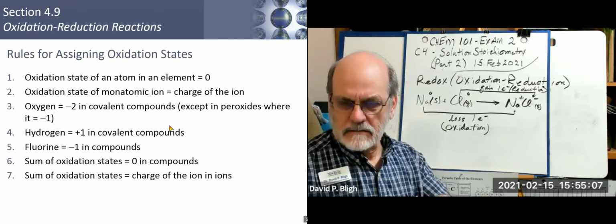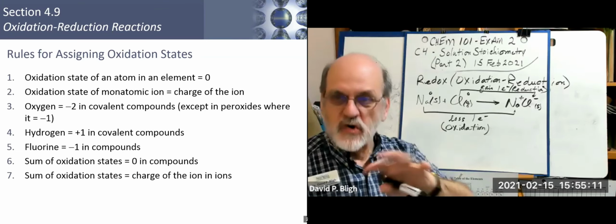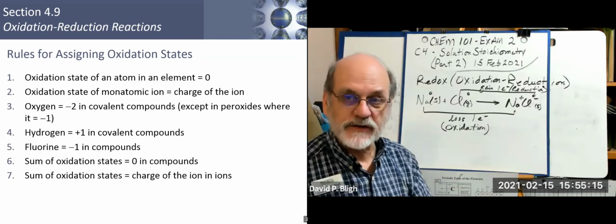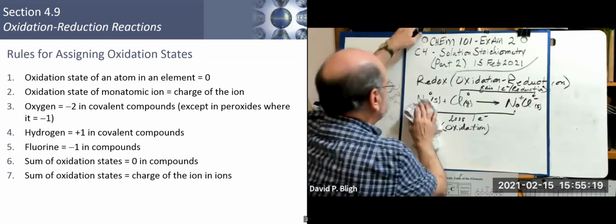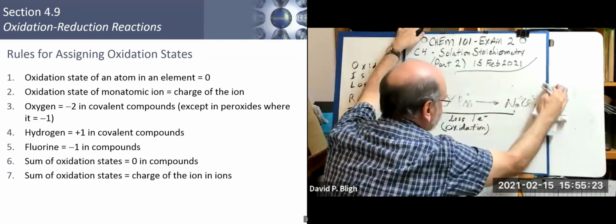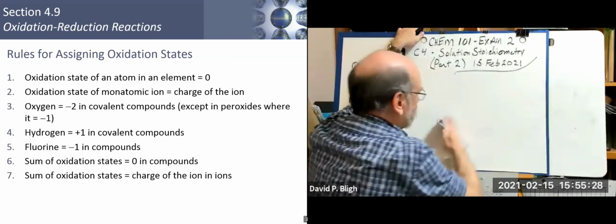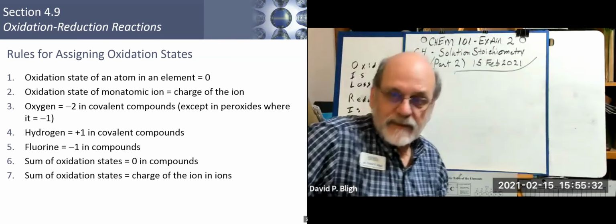Now, how do we keep track of this movement of electrons? We do it by a process called oxidation states. And we need some rules, right?